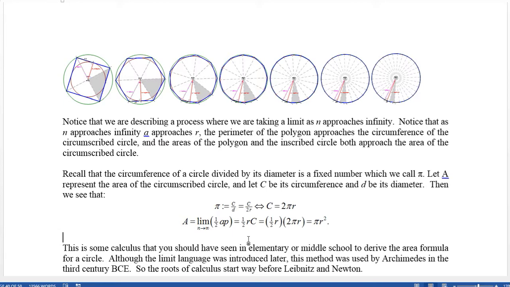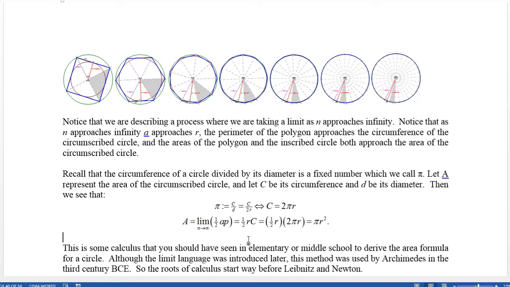So here's some calculus that you probably already did way back in elementary school. And although the limit language was introduced later, this method was used way back by Archimedes in the 3rd century BCE. So the roots of calculus go way back, at least as far back as Archimedes, who was using this.